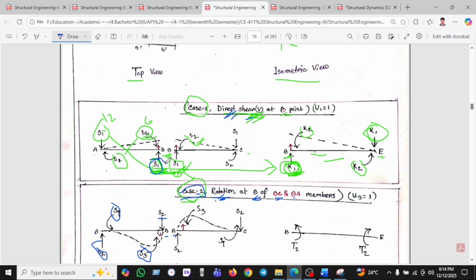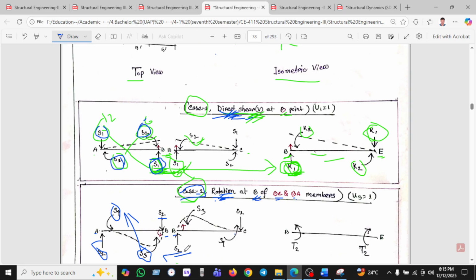On the other hand, we have seen there is S1 and this is S2, and this is also S1, but in this case why this one? Because when we are using the shear calculation and calculating the rotation, it will change. It will not be S3, it will be S4 instead of S3.